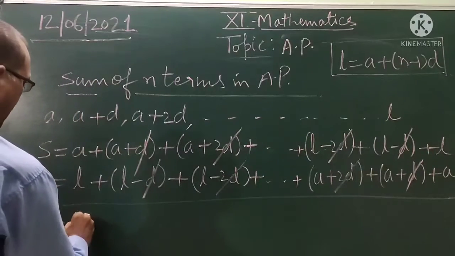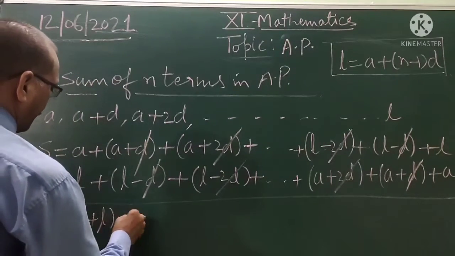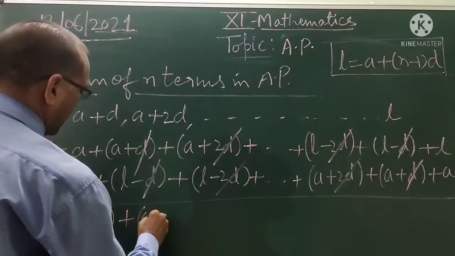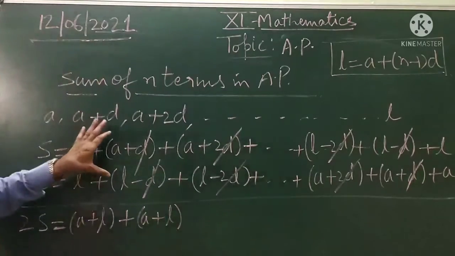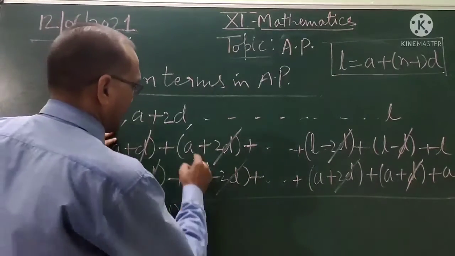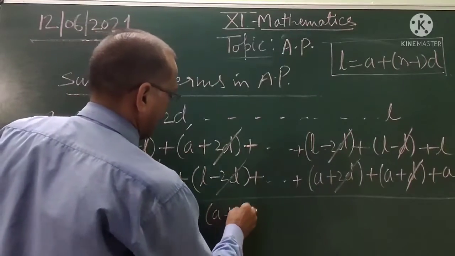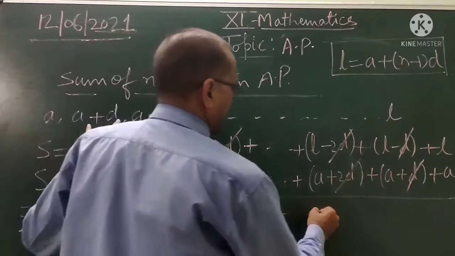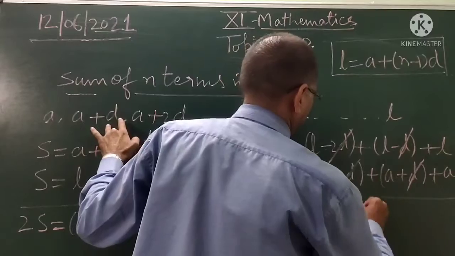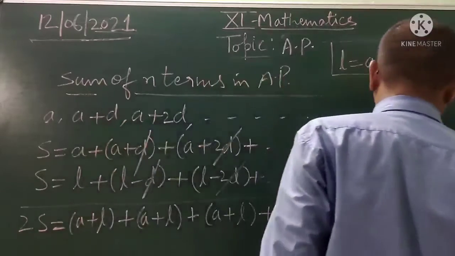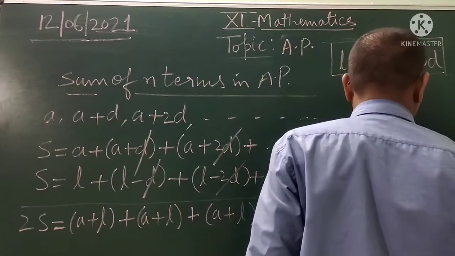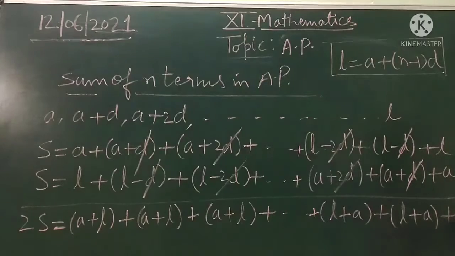Its addition is a plus L. It is also a plus L. Addition of the second bracket is a plus L. Addition of the third bracket is also a plus L. Their addition is L plus a. It is L plus a. It is L plus a.